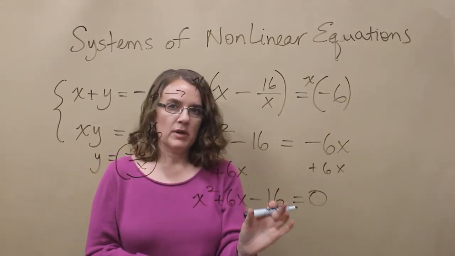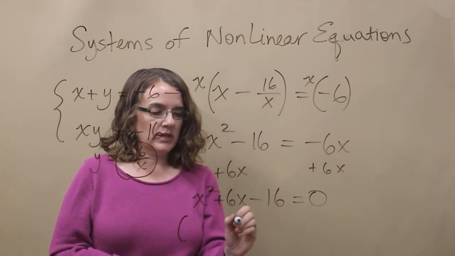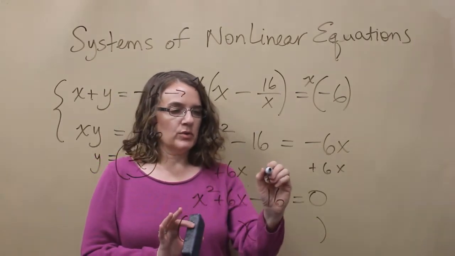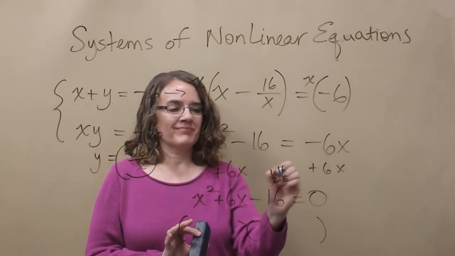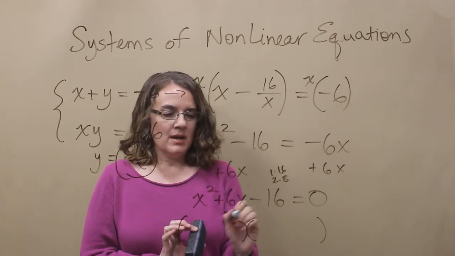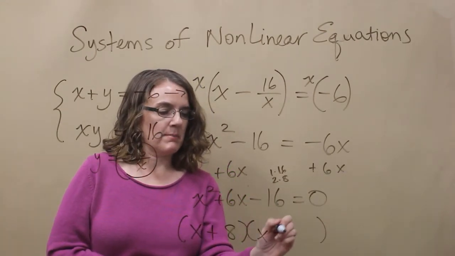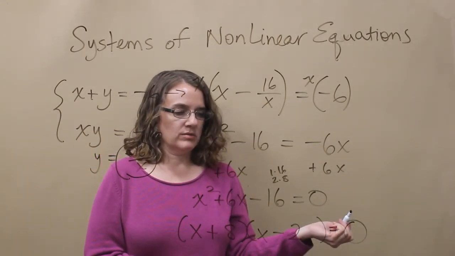Now I've got to come up with the multiples of negative 16 that will give me a plus 6 in the middle. If I go through, I know I've got 1 times 16, 2 times 8. The 2 times 8 is going to work because I can get x plus 8, x minus 2, and that is equal to 0.